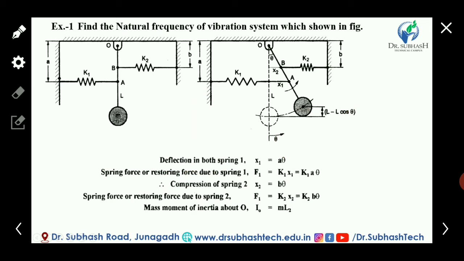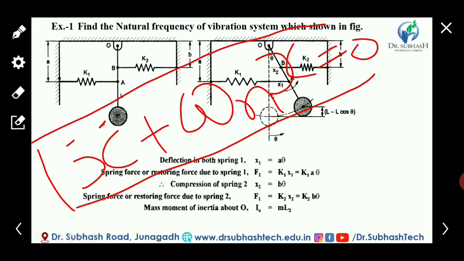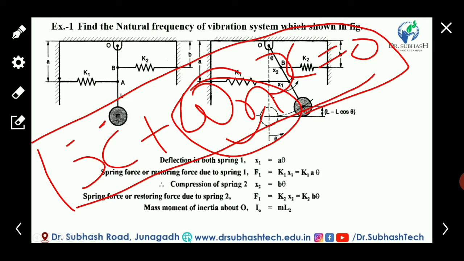How do we find that? We create the displacement equation of simple harmonic motion or vibration, compare it with the simple harmonic displacement equation, and find the value of omega n.